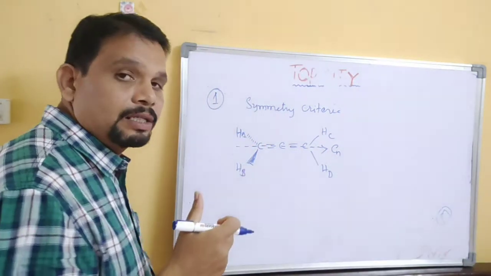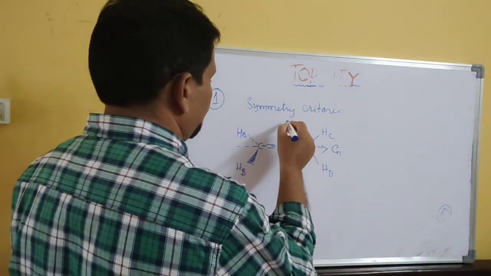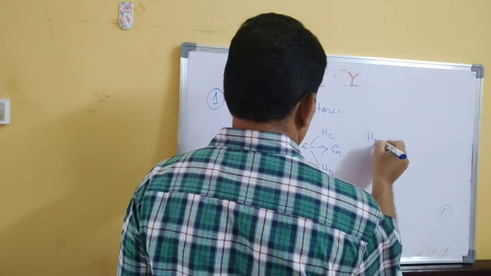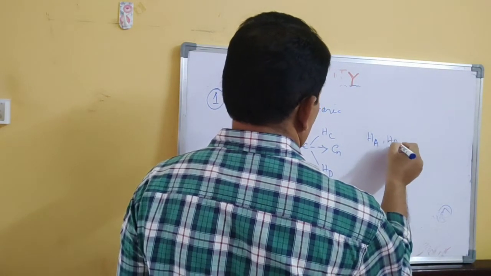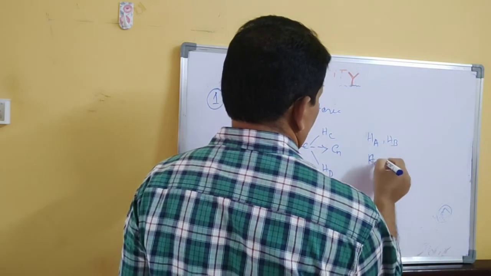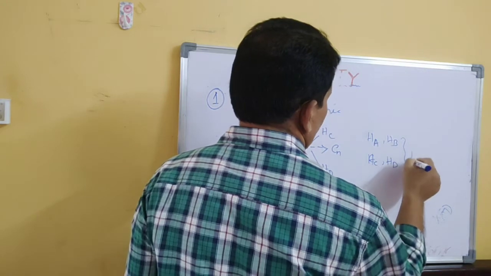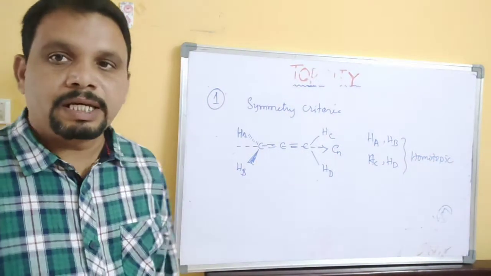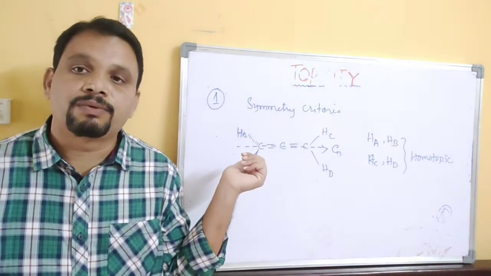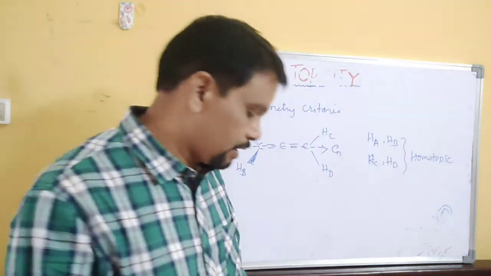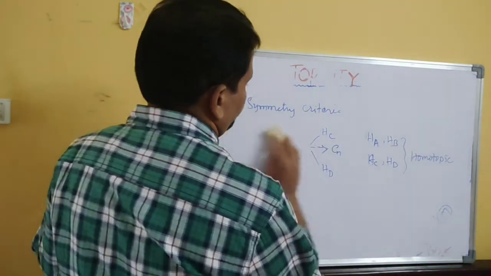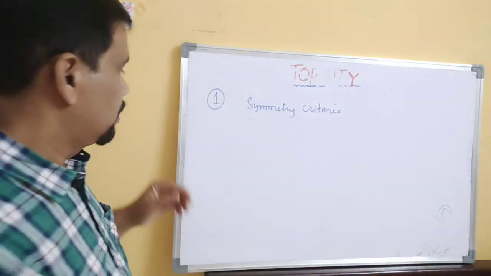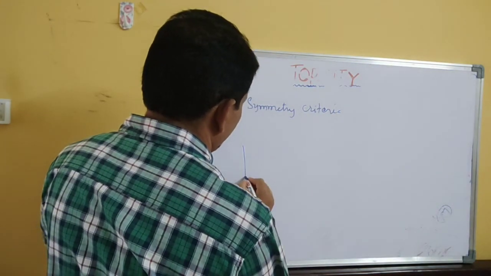If you rotate that, they can be replaced, or if you rotate like this, HA and HB and HC, HD, they are homotopic. They are interchangeable and interconvertible, therefore they are homotopic units, or ligands, by the CN axis of symmetry. So I'll give two more examples.